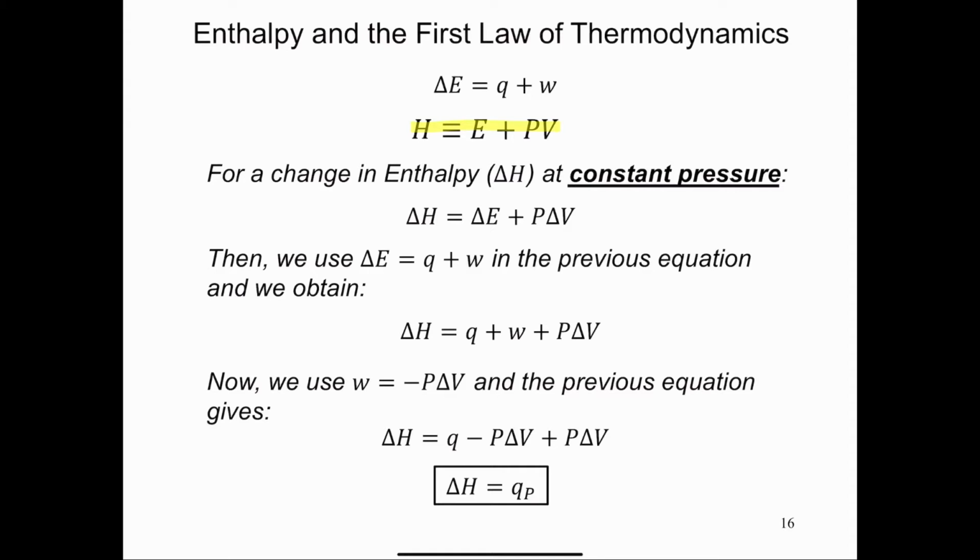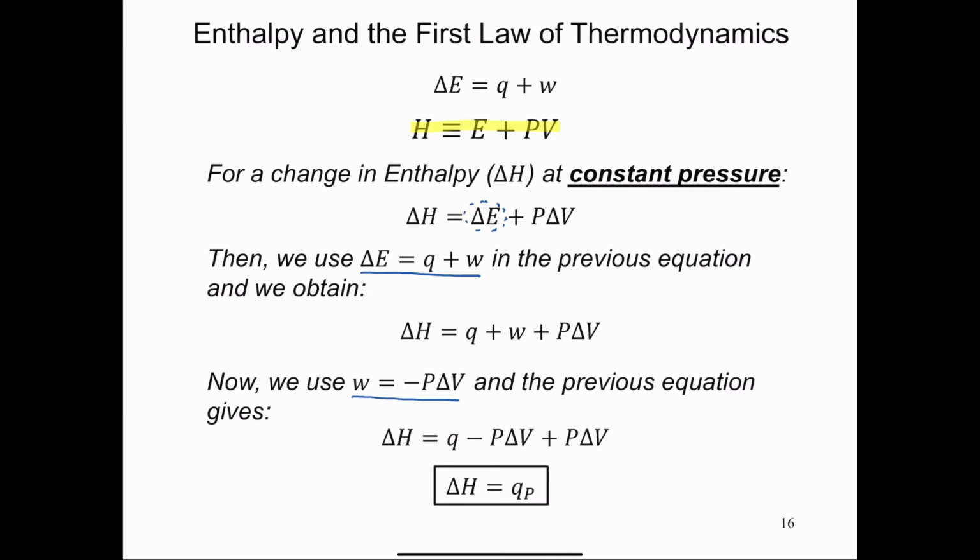Now you might remember this formula from before, that delta E is equal to heat plus work. So if I substitute heat plus work into this part of my change in enthalpy equation, what I end up with is that delta H is equal to heat plus work plus pressure times volume. Now you'll also remember from the previous slide that work is equal to minus the pressure times the change in volume.